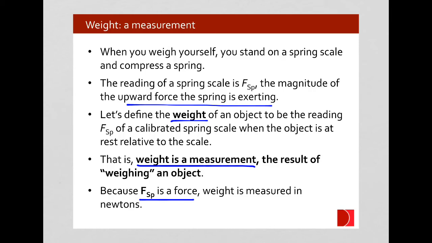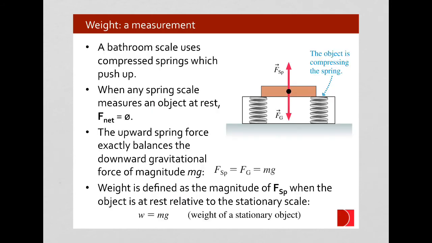Weight is a force as well. And the weight can also be thought of as the normal force required to hold up an object in a given situation. So when you stand on a spring, you have a force of gravity that is pulling you downwards.